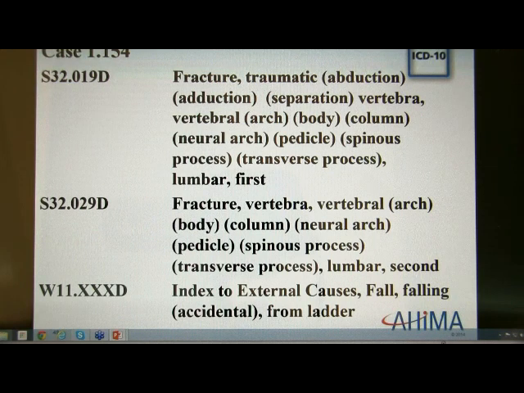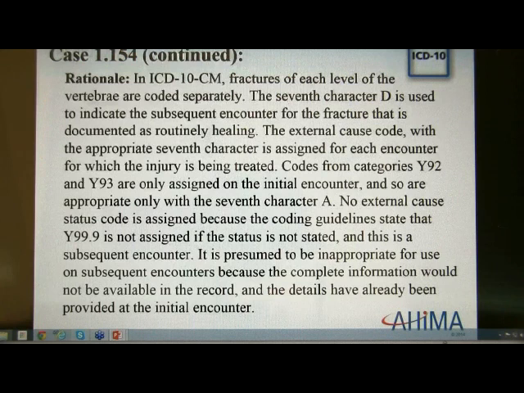So again, the rationale here, the one that's kind of important, is explaining to you why all those Y codes weren't required. They're only used on the initial encounter, and no external cause codes assigned because the coding guidelines state that Y99.9, which is unspecified, should not be used on a subsequent encounter.